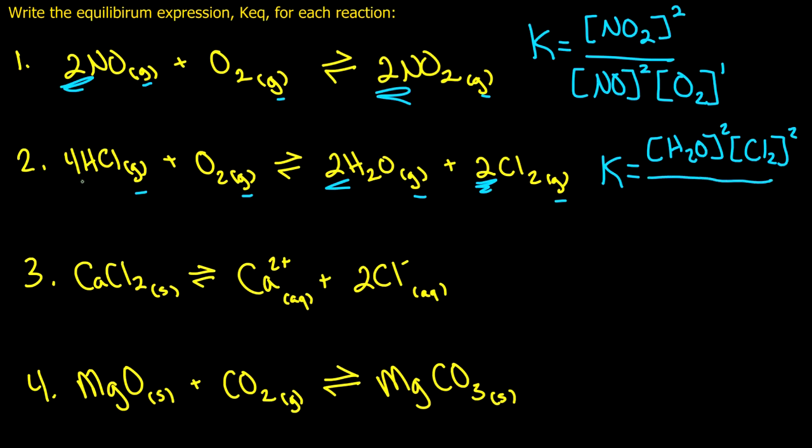Reactants go on the bottom, so that's going to be HCl, and this one is to the fourth because it has a 4 coefficient, times the concentration of O2, and it is to the first, so it's just a 1. And there's the equilibrium expression for that one.